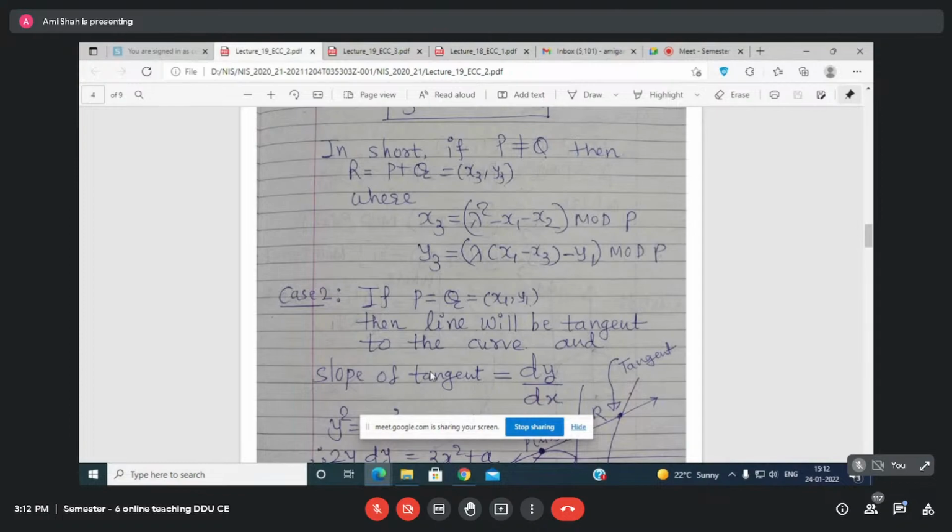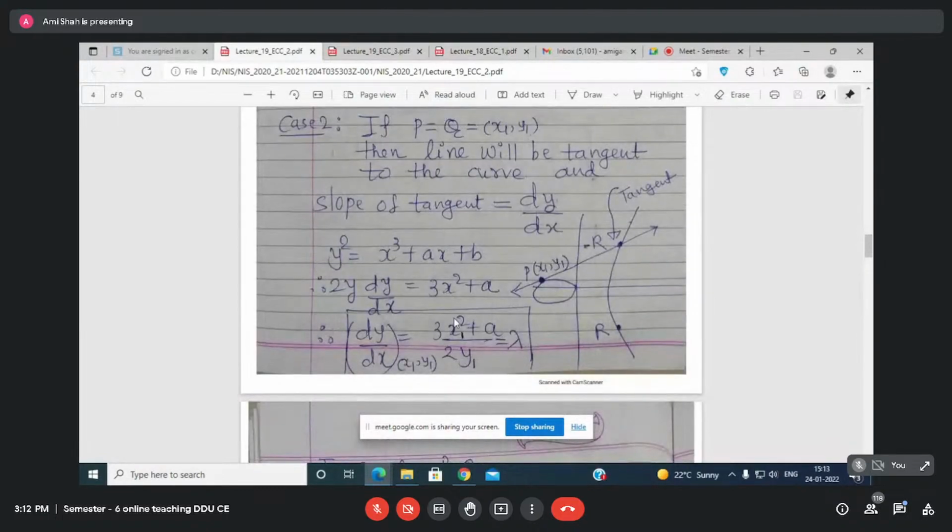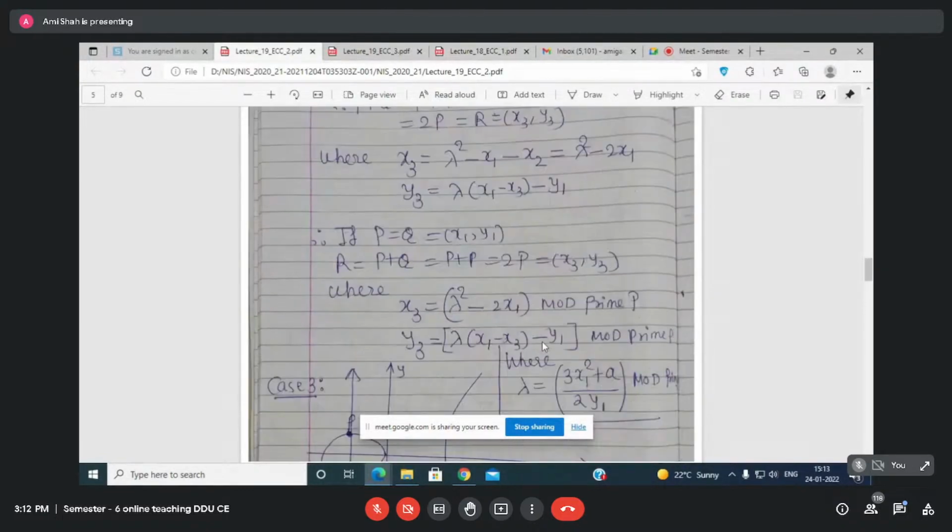The other case is if both the points are the same, that is, the two points overlap. In that scenario, for calculating lambda, this equation you have to use. Why is it 2x1?